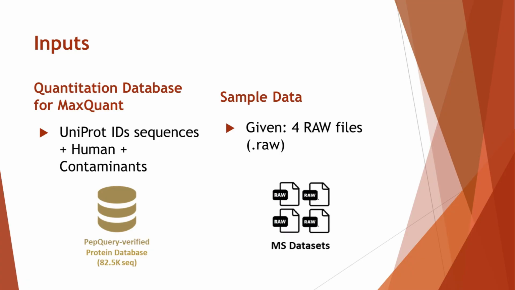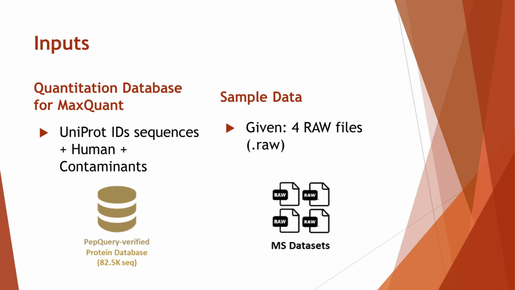Now let's cover inputs. From Module 3, we need the verified protein sequence database that consisted of protein sequences of our UniProt IDs that were merged and filtered with human and contaminant proteins. We will also need the sample MS datasets as raw files.